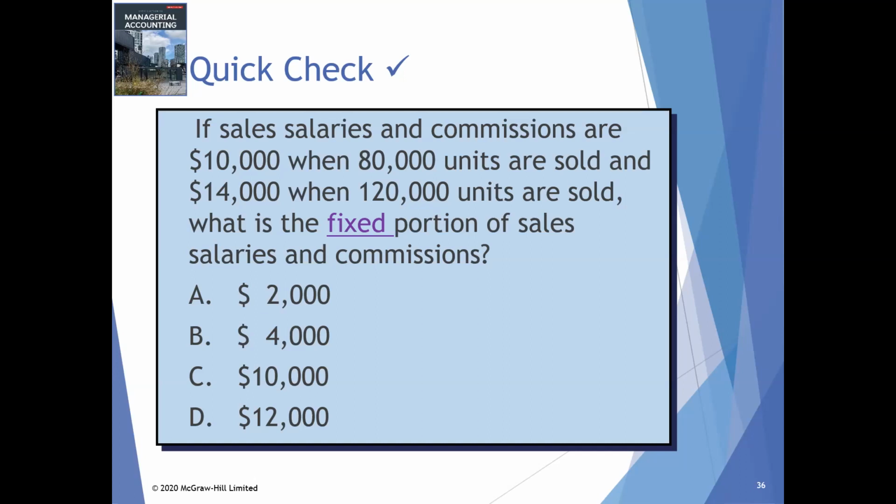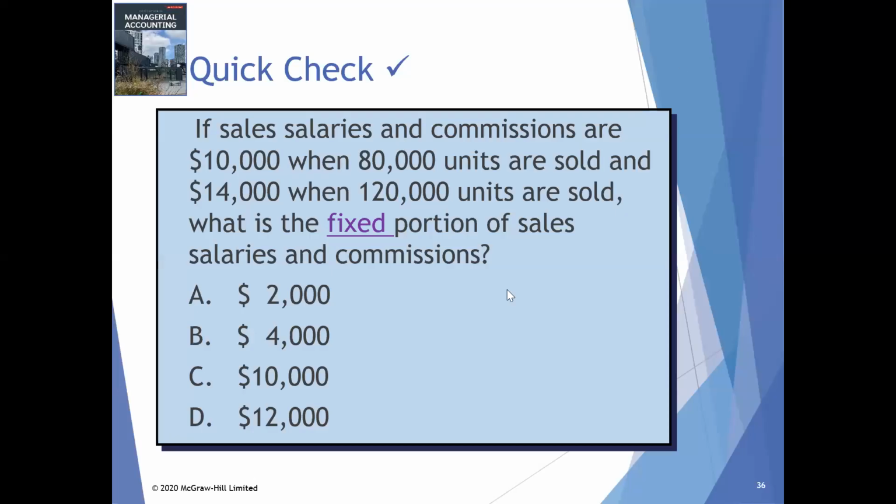Now it's up to you how to calculate the fixed cost. Okay, so we know that with the help of the formula, y is equal to f plus vx. So we will be able to calculate the fixed portion of sales and commission.